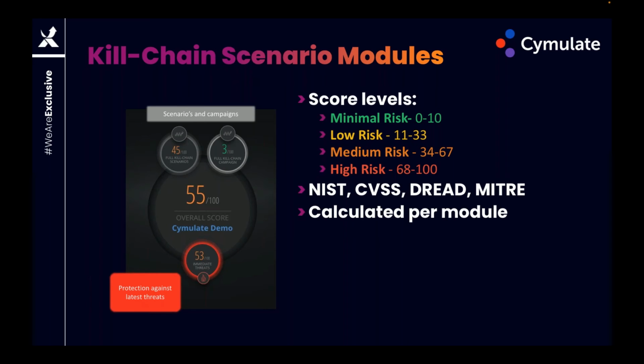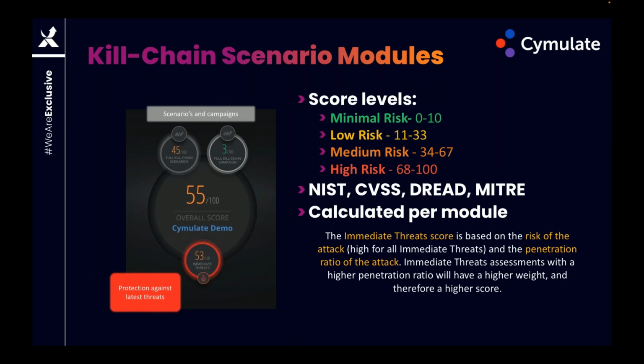So every scoring contribution is calculated per module, and the overall score is then calculated by looking at these individual module scorings. For example, one example to give you an idea, if we're looking at immediate threats, so the red square that we have in the image on the left, where a new technique is coming in the platform and being tested, they're looking to calculate the score.